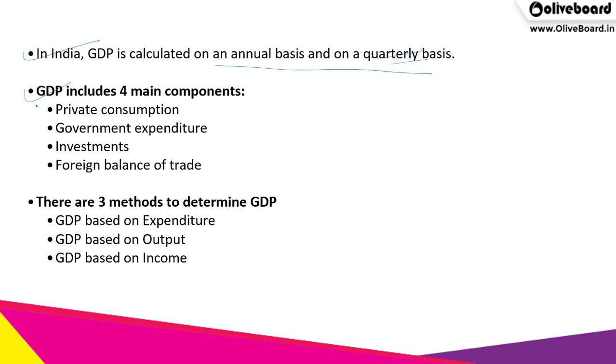Now GDP includes four main components: private consumption, which is being consumed by us consumers, then government expenditure, investments, and foreign balance of trade. What is foreign balance of trade?